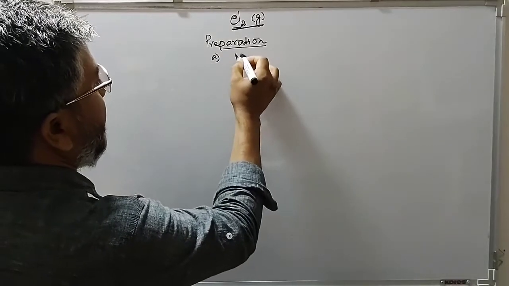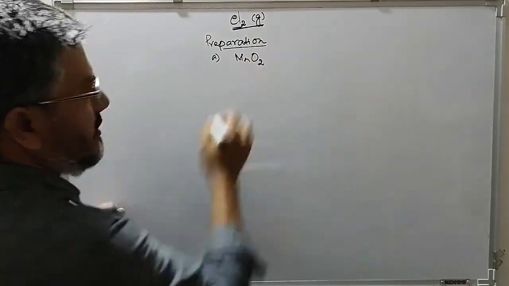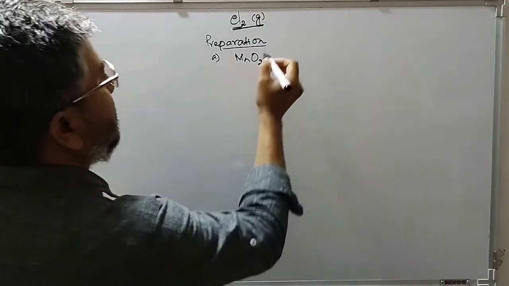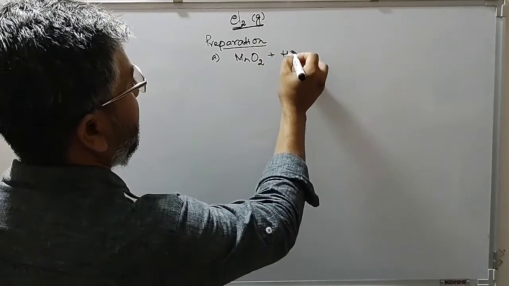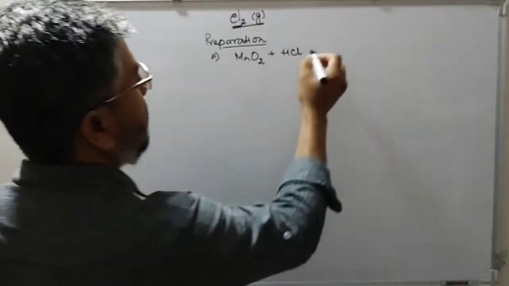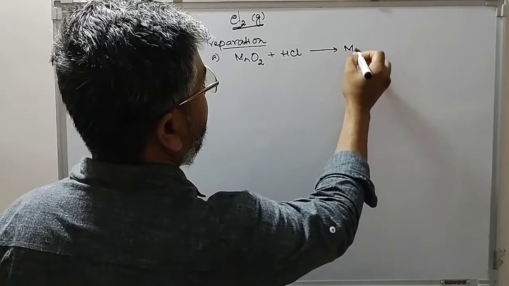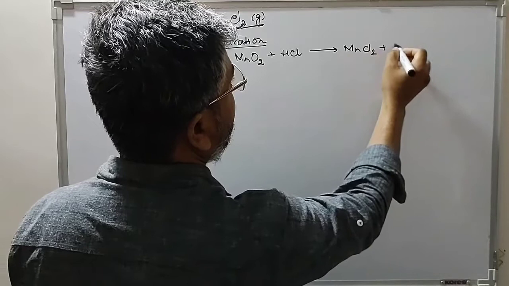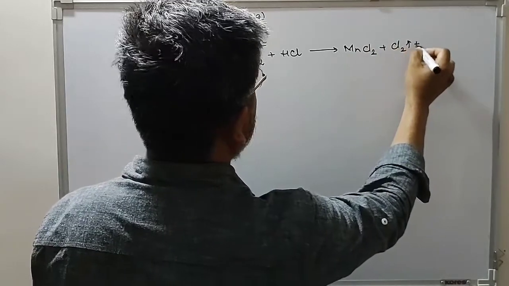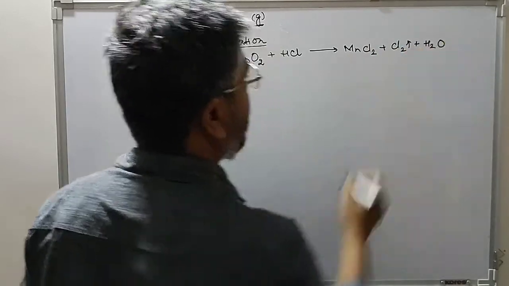Now we have looked at MnO2, manganese dioxide. It reacts with HCl, and this gives you MnCl2, Cl2 gas plus H2O.